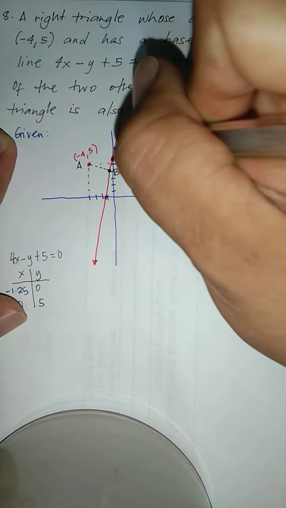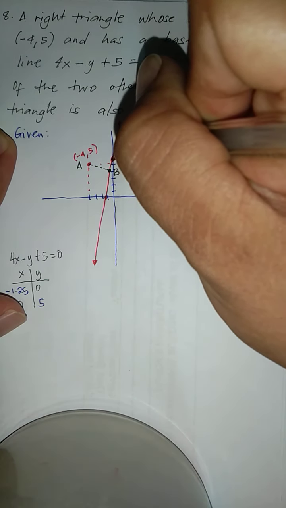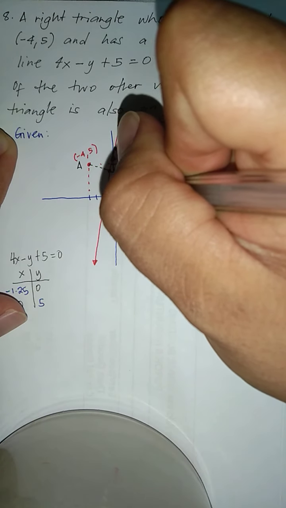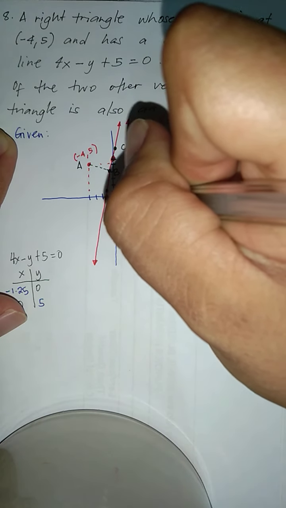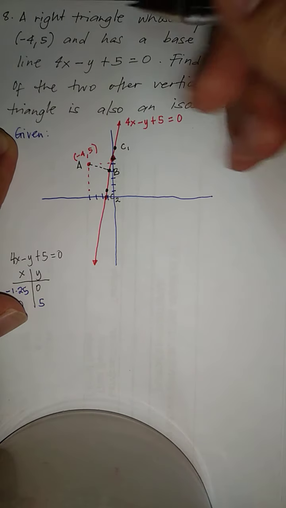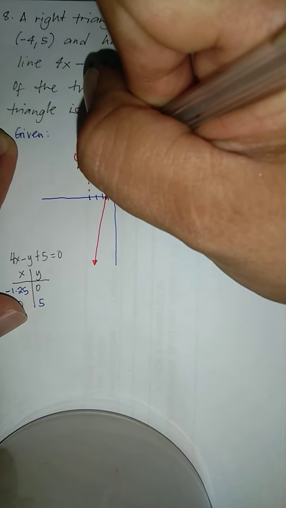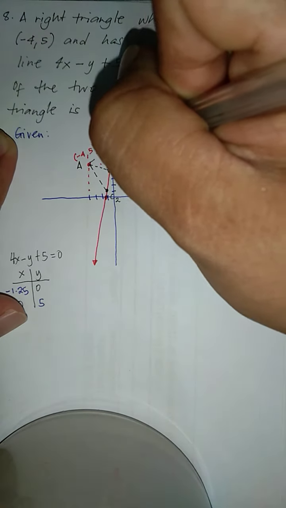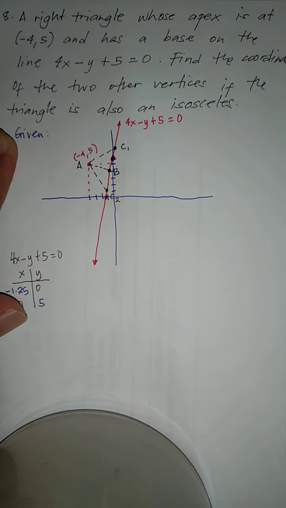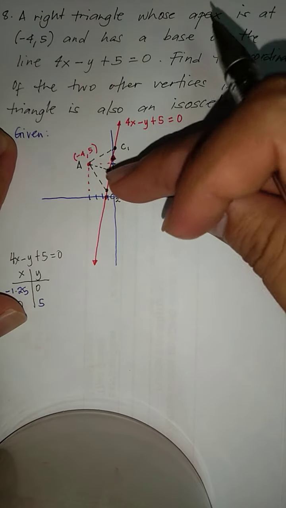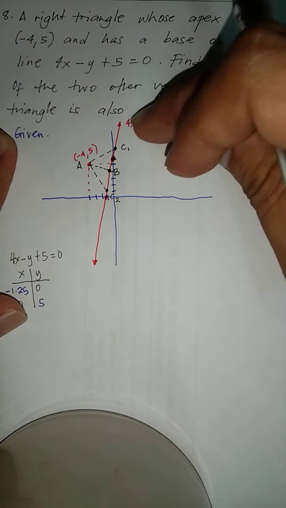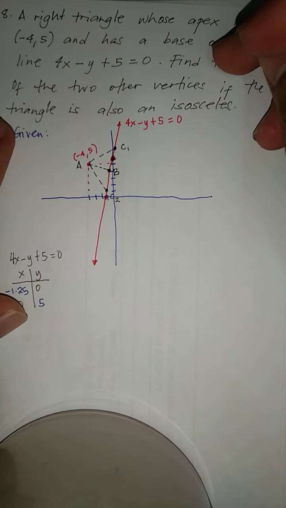First is right above here. Let's name this one C1. And of course, down below here, let's label this point as C sub 2. So these are the two possible locations for our triangle, pointing upwards or pointing downwards.